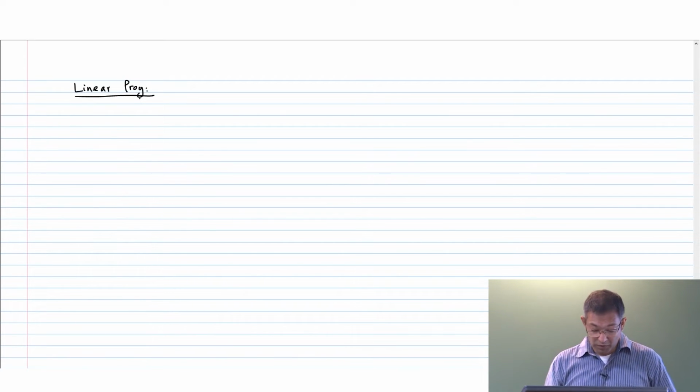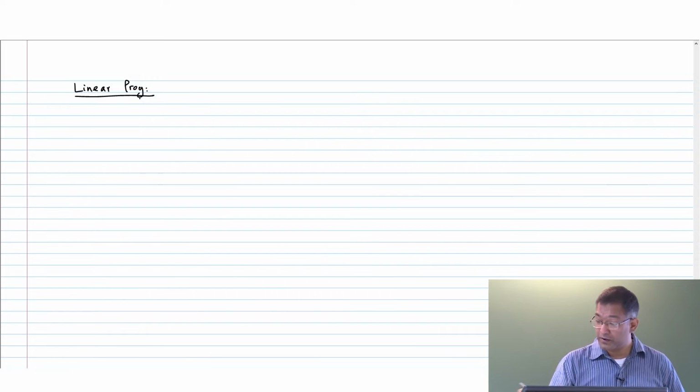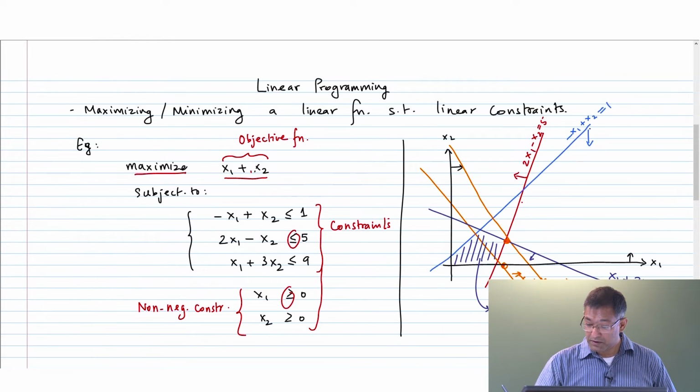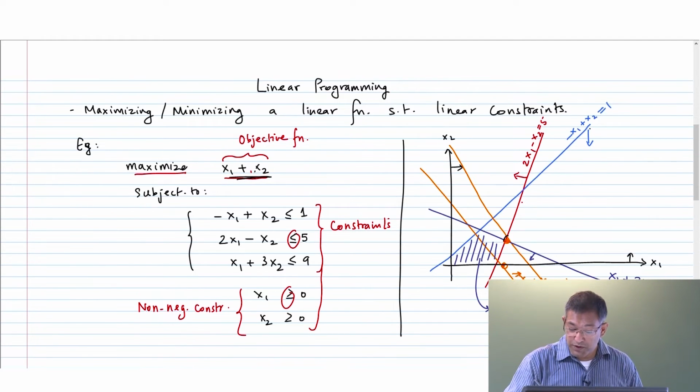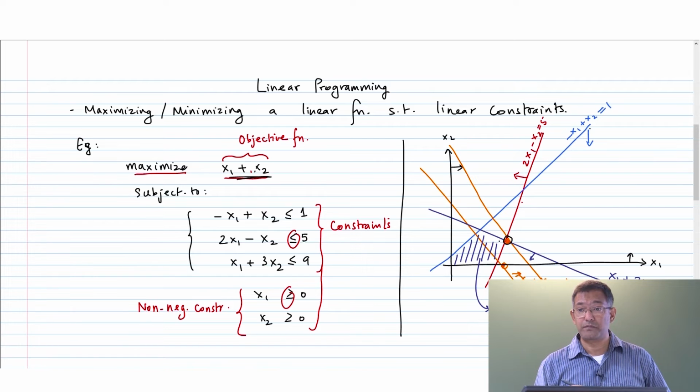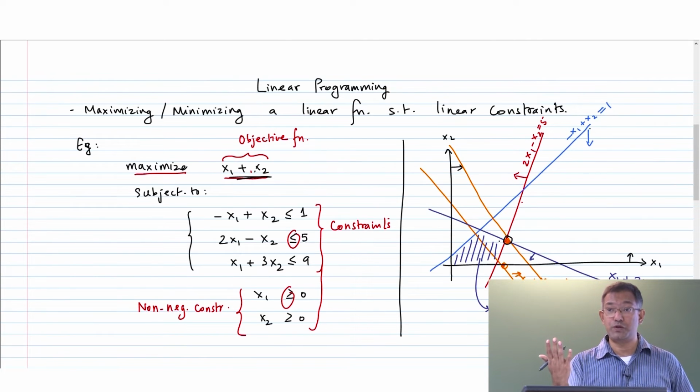So, what can happen? If you have a linear programming problem, like in the previous example with the objective function x1 plus x2, we saw that the optimal solution is this vertex. So, there is a unique optimal solution in this case.